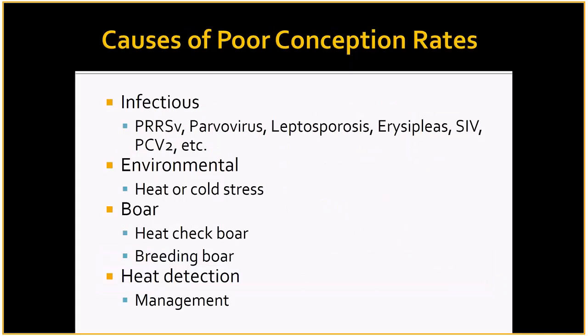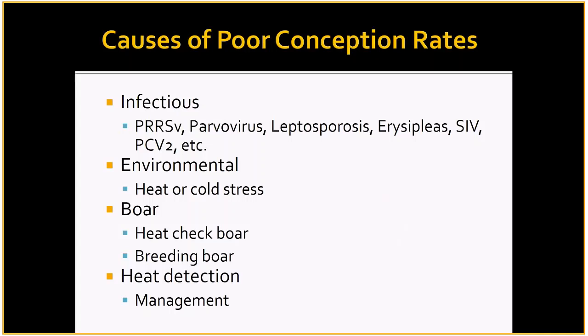Okay. And then, lastly, poor conception rates. This is a very big topic. We could probably spend all day on it. There's lots of different reasons why your girls are not getting bred, right? I mean, we've already covered some of these with the infectious diseases.